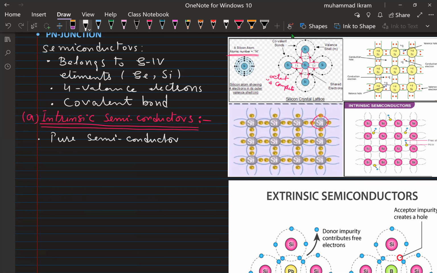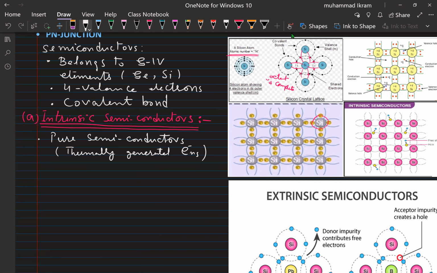Normally they do not have free electrons, but they may have only thermally generated electrons.